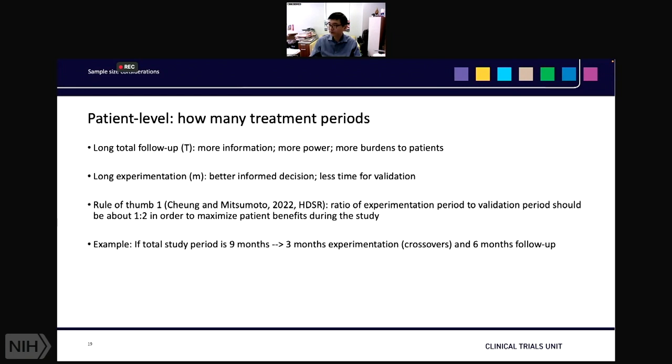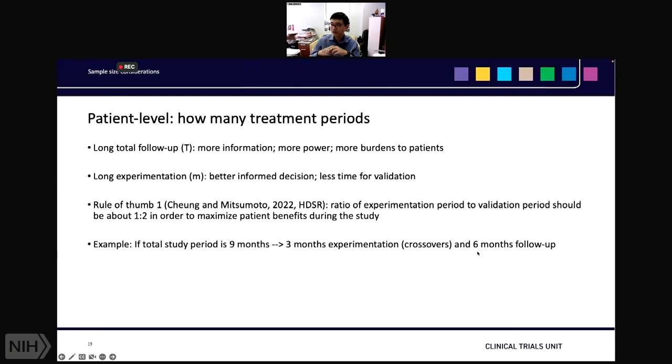The first rule of thumb is that for every part of experimentation, for example, if we want to experiment in participants in a crossover fashion for 3 months, we should have about twice the length for the validation. So if we do a crossover design in 3 months, we want at least 6 months of follow-up.